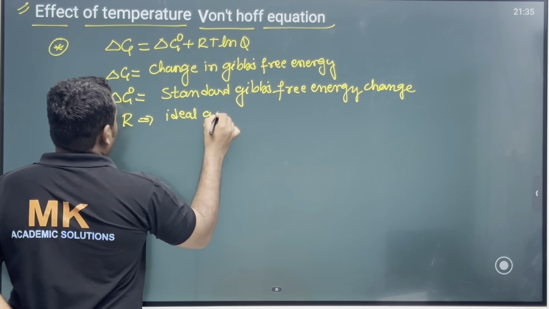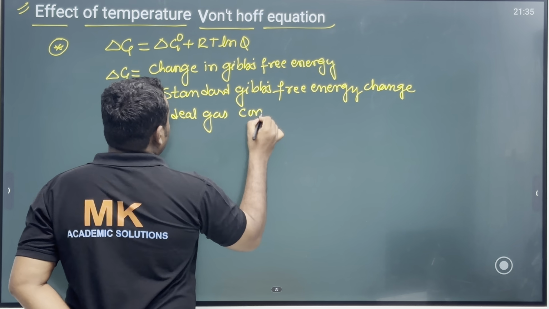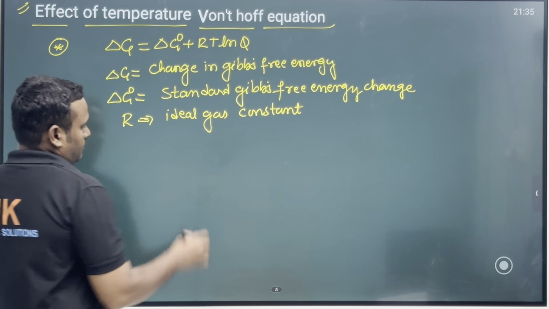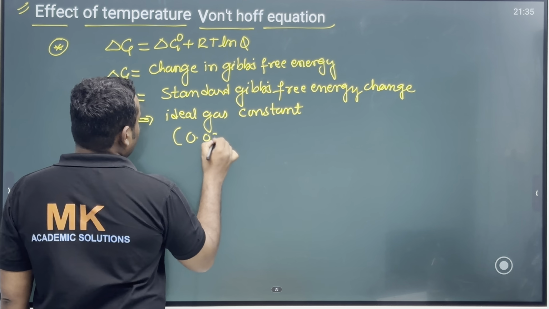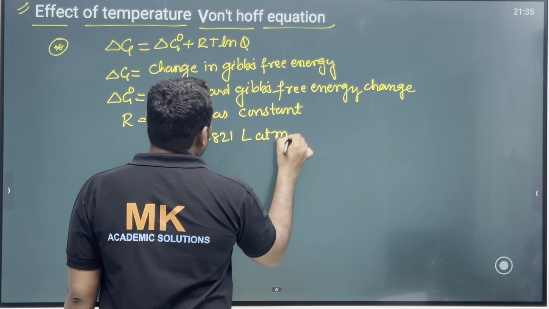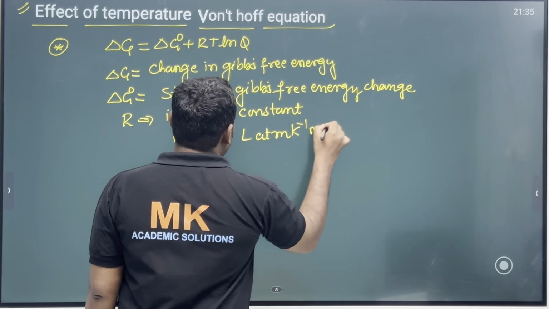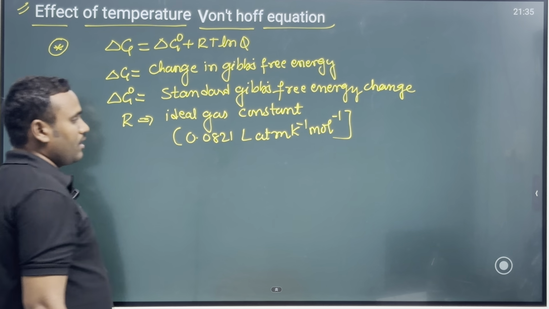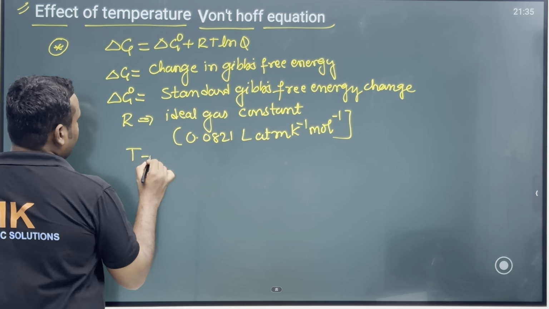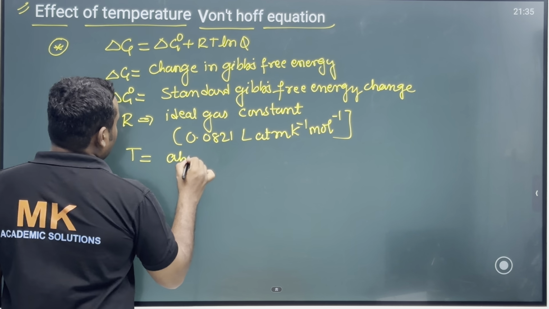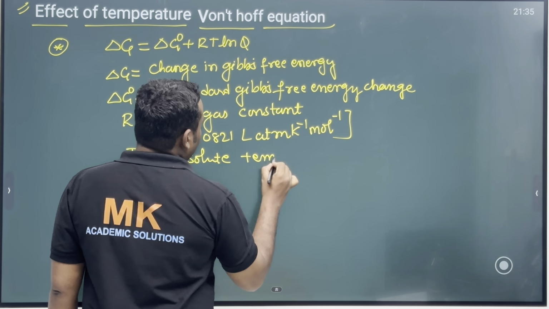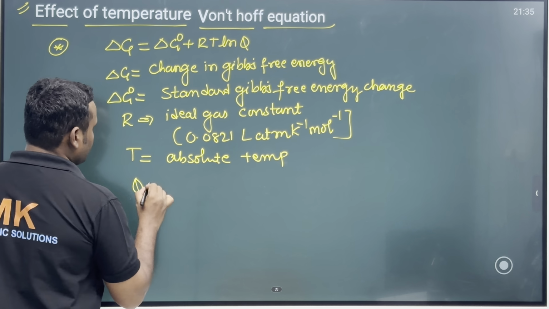In this we will use 0.0821 liter atmosphere Kelvin inverse mole inverse. This R value we use mostly in this chapter. And next, T is the absolute temperature, and Q is the reaction quotient.